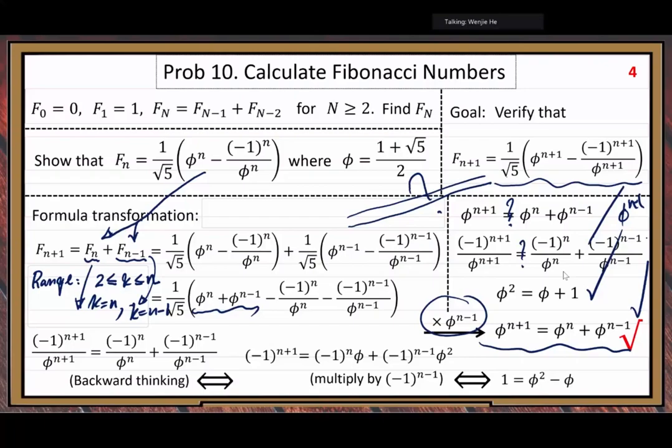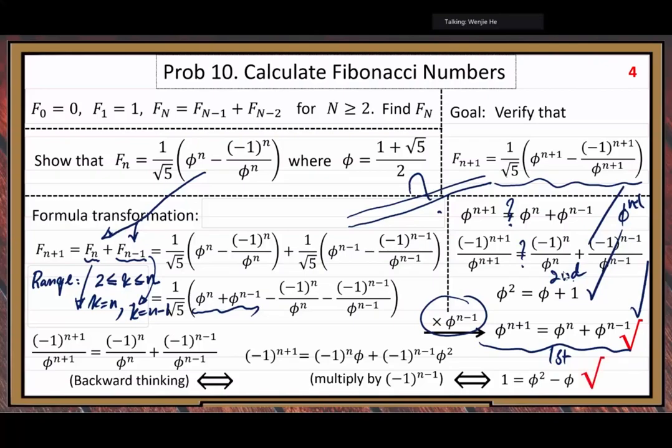That's our first property of golden ratio, right? This is our second property of golden ratio. We know it is true. First property, it is correct.